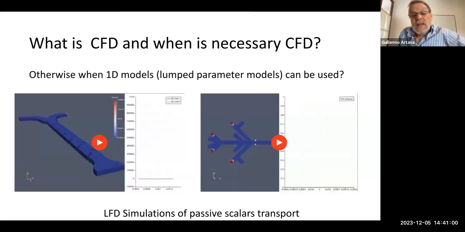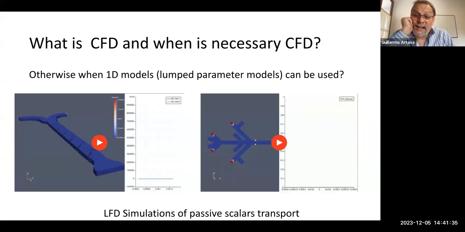When the whole system of conservation equations I have mentioned, that is, the equations related to mass conservation and momentum conservation, must be integrated, it is necessary to have a look at the whole system, which is what we mean by computational fluid dynamics.